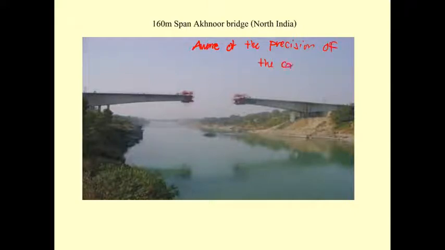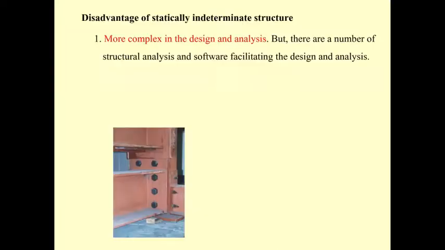I mean, to make this one reach it at the middle span, you have to be very careful. And when you join this, it's going to be very delicate work, and that depends on the construction technique that you use to link them together.